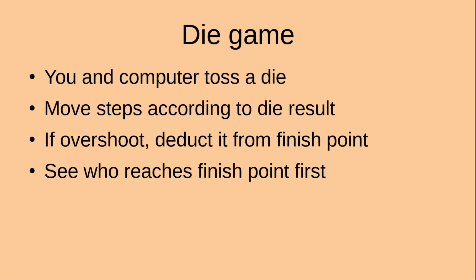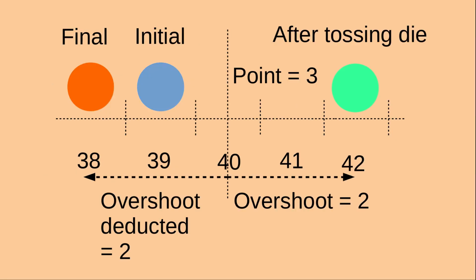So how do we define the overshoot? We can see the example like this. Suppose our initial position is 39. When the die result is 3, you have to move to position 42.